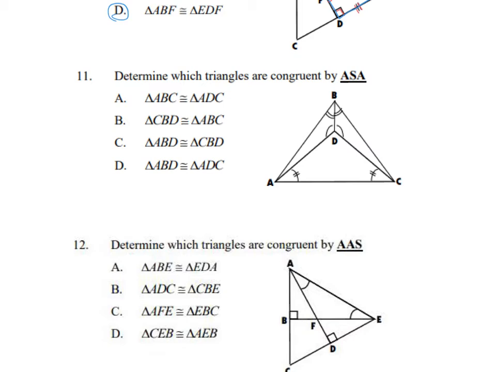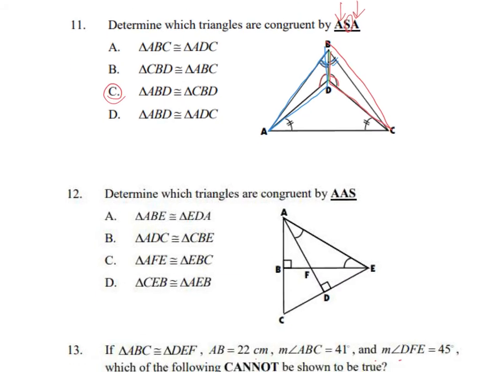And so the first thing that I notice, aside from the given information, is that if I'm looking for an angle, an included side, I have an angle here to an angle here, an angle here to an angle here, and then by the reflexive property, I would have this side to itself. And so that's going to tell me that I am looking at this triangle congruent to this triangle. And so that would be choice C.